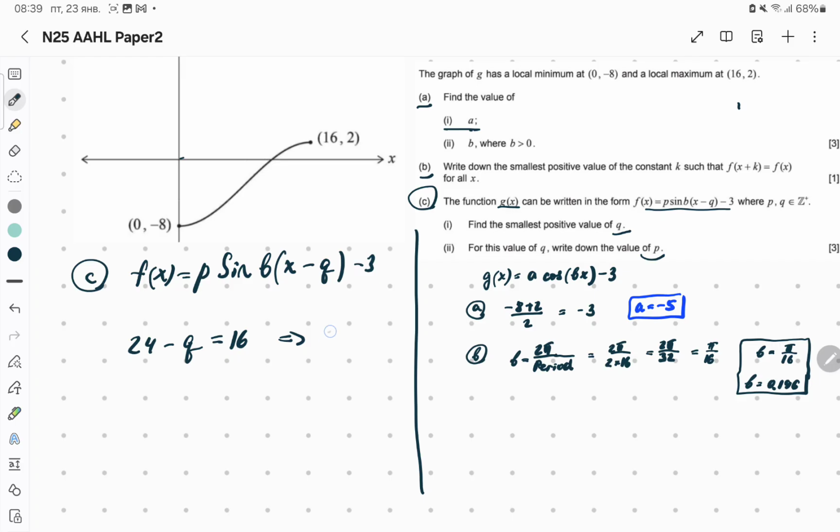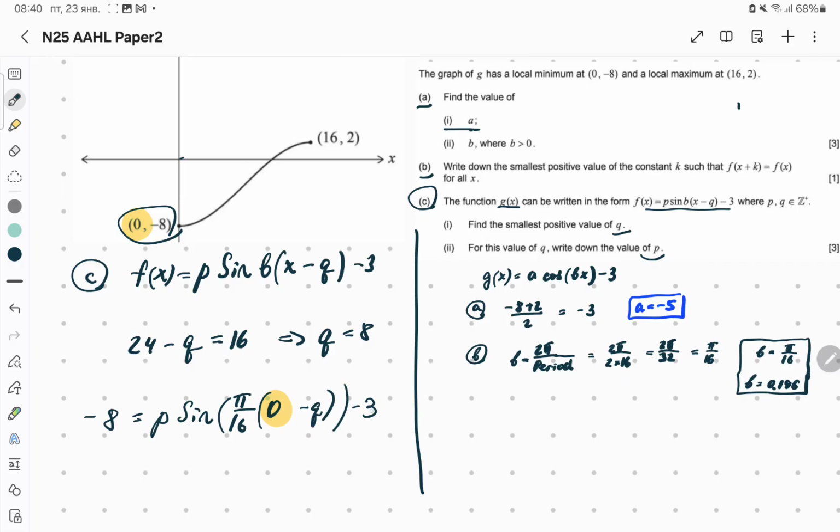So q is equal to 8. Or we can use the point, and plug minus 8 into our equation, sine pi over 16, 0, since it is 0 here, minus q, minus 3.